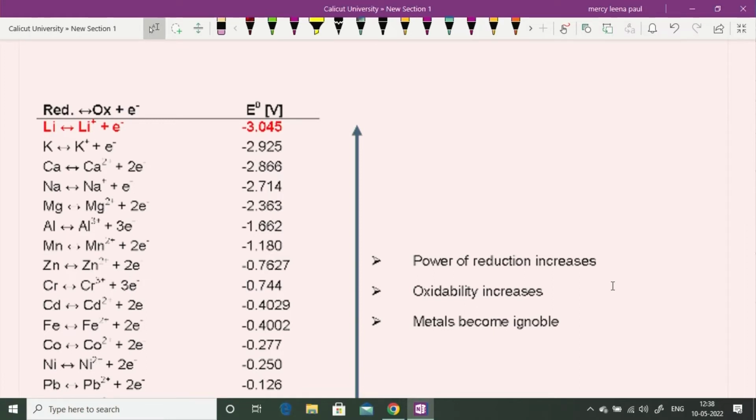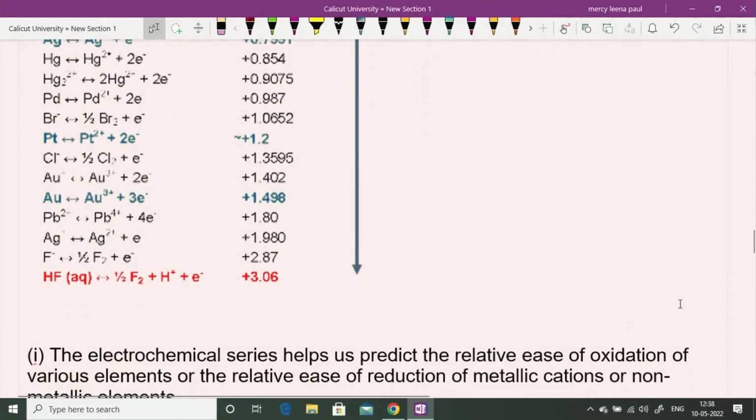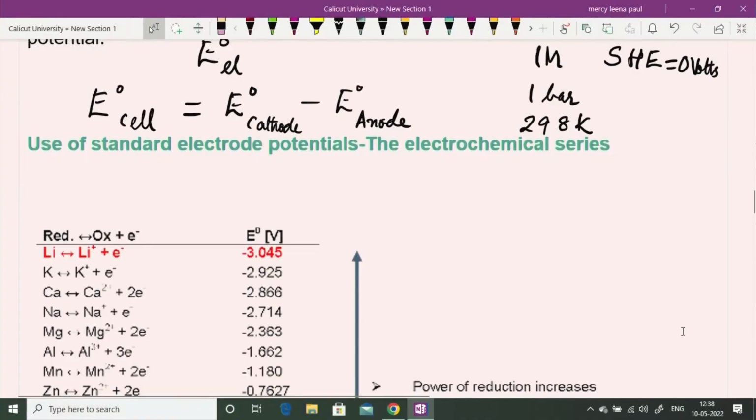These values are arranged in such a way that the reduction electrode potentials keep increasing as we come down, and reach the highest value for the last one, shown in red. Among the elements, fluorine has the highest reduction potential, and the least reduction potential is given by lithium, which is written on the top. It is again given in red to show that it has the extreme value.